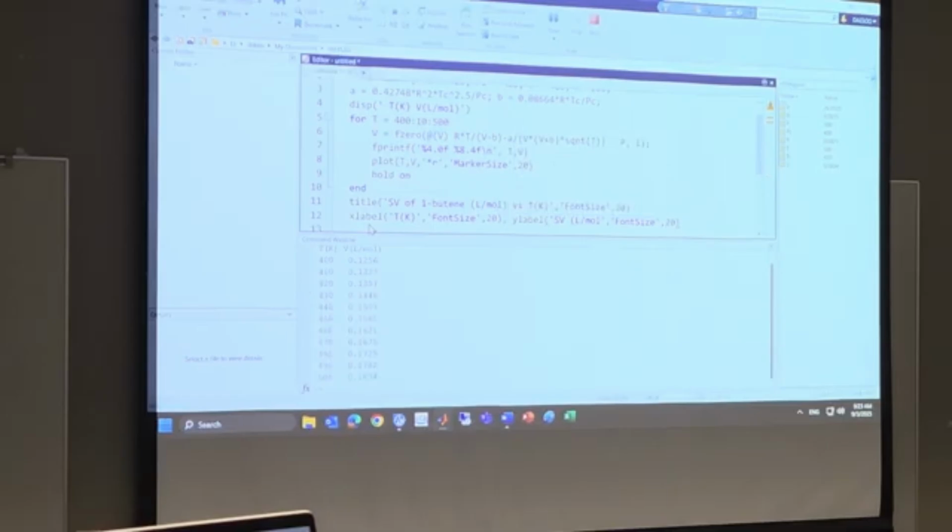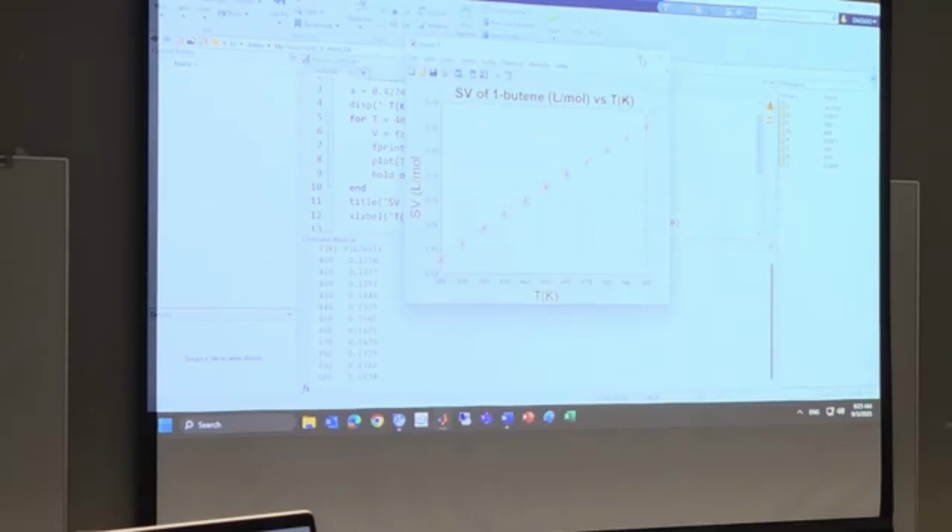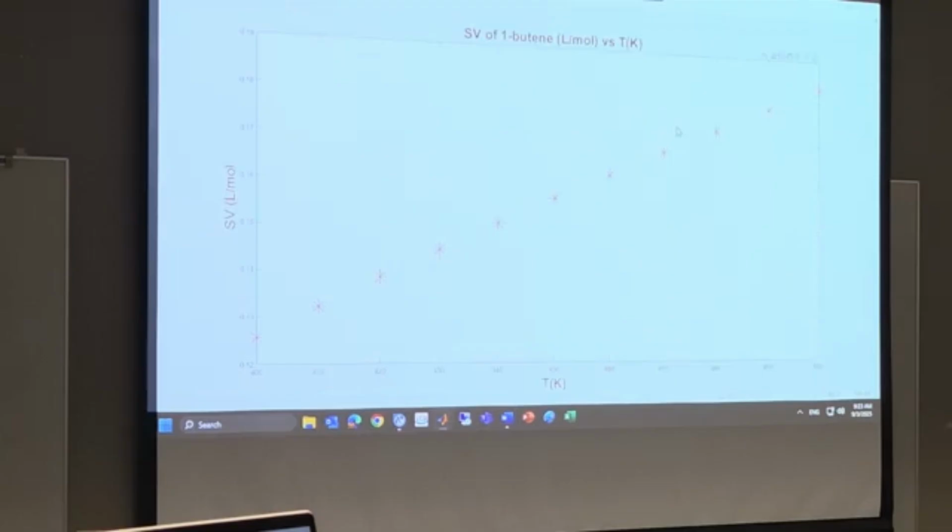Let's see. Is it better? You may always spend a little more time to make it look better, right? Please, that's what chemical engineers do. Come on. Font size 18.